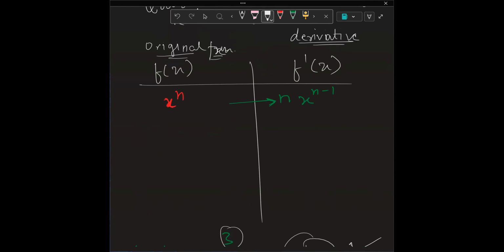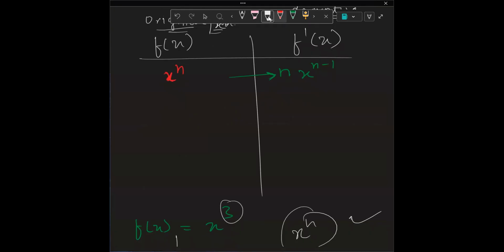Did you understand? Yes, sir. Okay, so this is for x power n. We have some trigonometric functions as well. Like you have already solved for sin x.